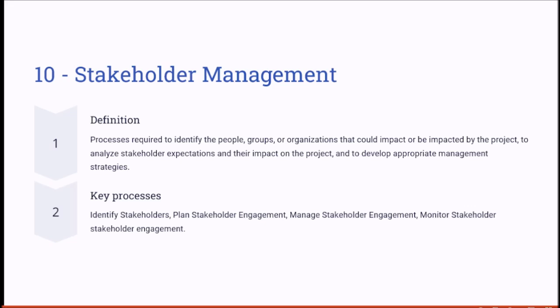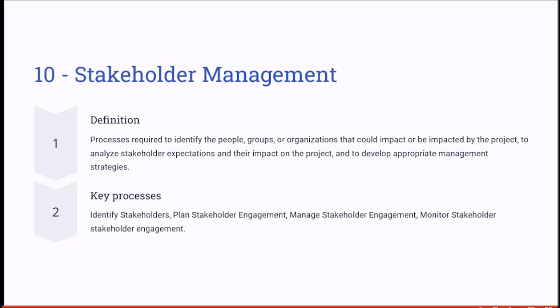The key processes involved in project stakeholder management: first, you need to identify the stakeholders. You can consider it as the process of identifying the project stakeholders early and regularly, and analyzing and documenting the relevant information regarding their interests, involvement, interdependencies, influence, and potential impact on project success.